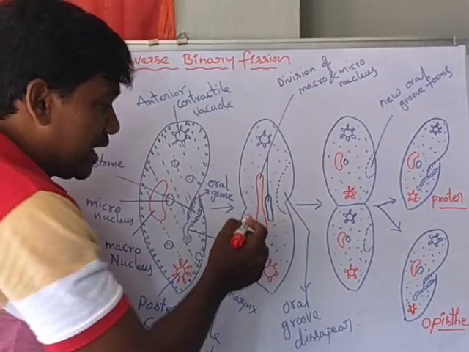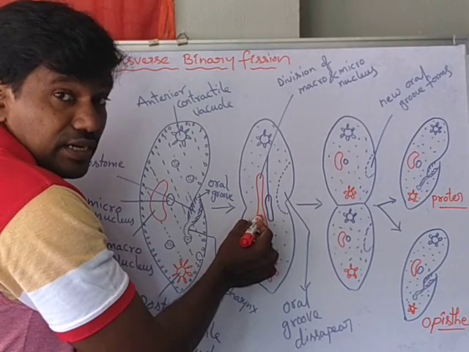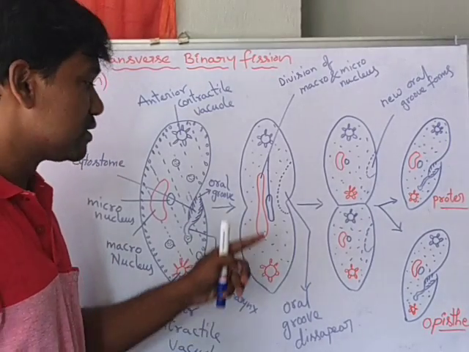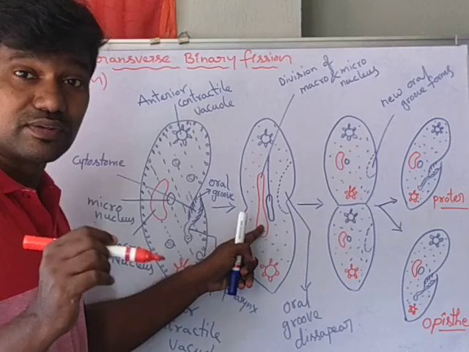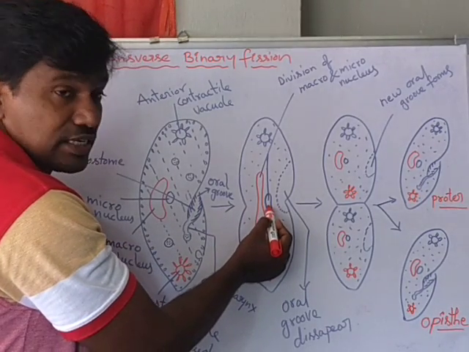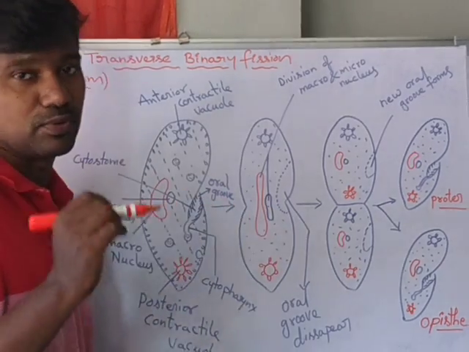The macronucleus is divided into two daughter nuclei by the amitosis process, and the micronucleus is divided into two daughter nuclei by the mitosis process.